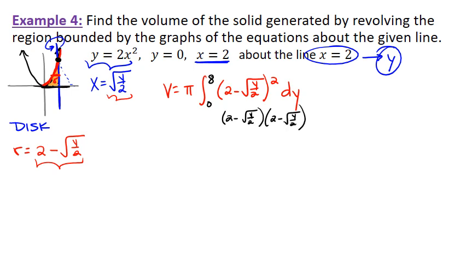When I FOIL this, I'm going to end up having 4 minus 4 times the square root of y over 2, because I will have the inner, which gives us 2 times that radical, and the outer, which is 2 times the same radical, so I'll have 4 of them.